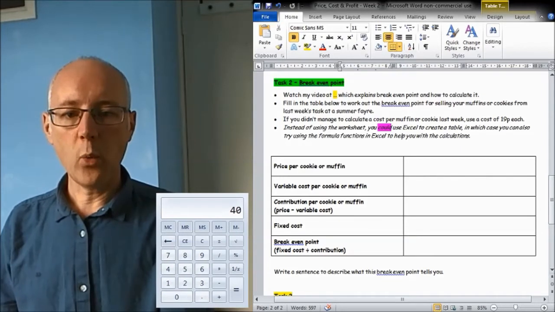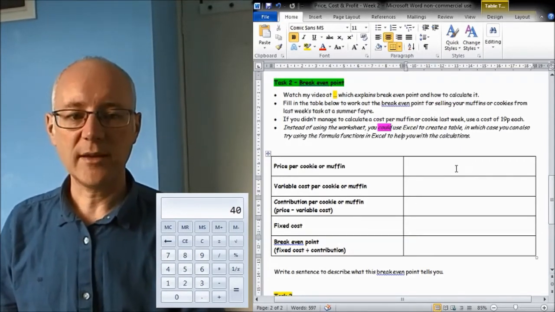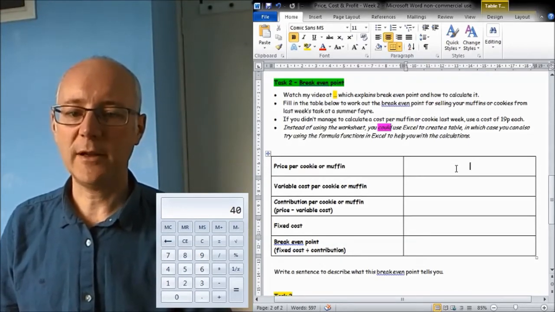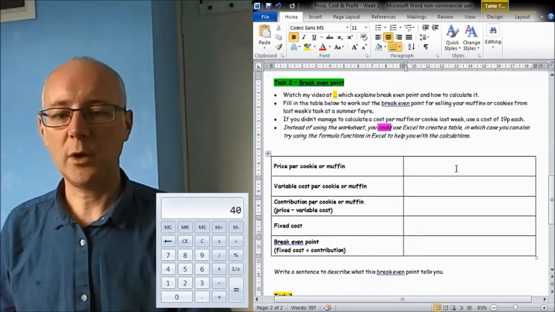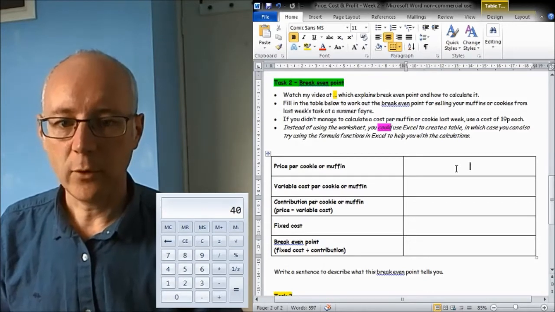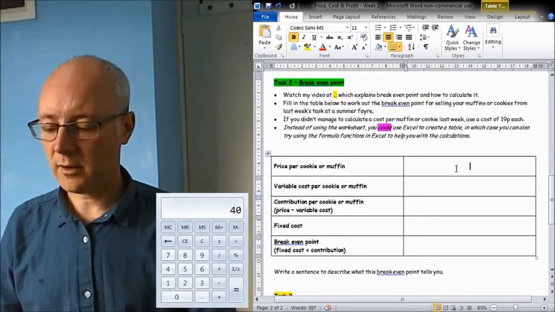So what we need to do for break-even point is these calculations here, and I'm going to talk you through them, and hopefully through talking you through these you'll get an understanding of what we mean by break-even point. So first of all, our price per cookie or muffin is the first thing I'm going to put in.